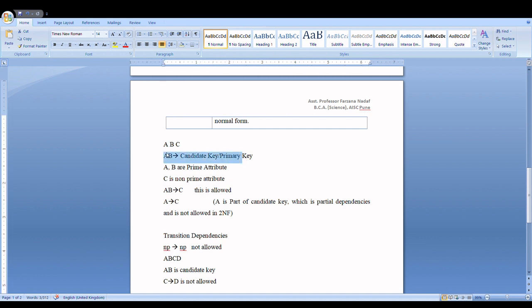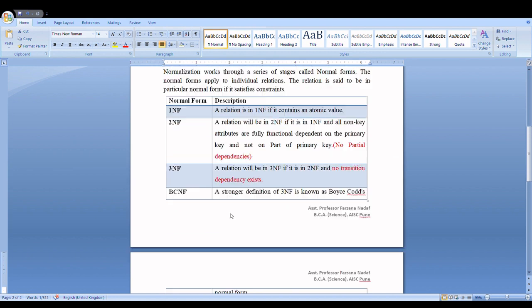Attributes which are part of the primary key are the prime attributes, and attributes which are not part of the primary key are the non-prime attributes. If functional dependencies are given in the question, you have to check whether your non-prime attribute is dependent on the primary key or on a part of the primary key. If it is dependent on part of the primary key, it is not in 2NF because this implies partial dependency. Clear? This is about 2NF.